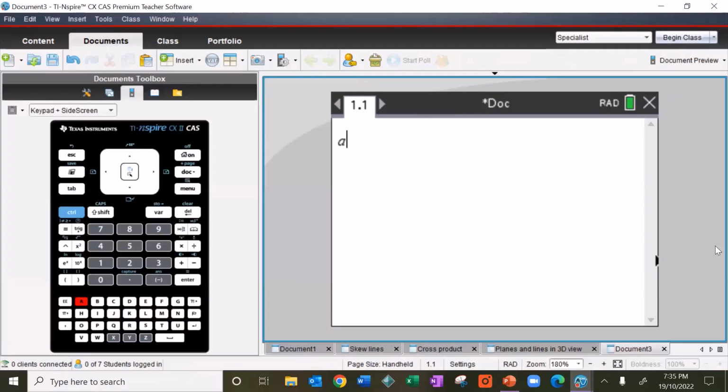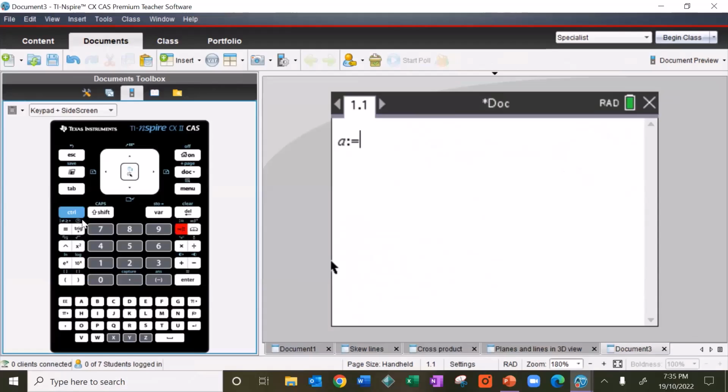So let's do a simple thing. My first vector, I will call it A, and we use the square brackets, 1, minus 2, 3. Let's say that my second vector, let's say position vector OB, and again, I defined it using the square brackets, 2, minus 3, 1.